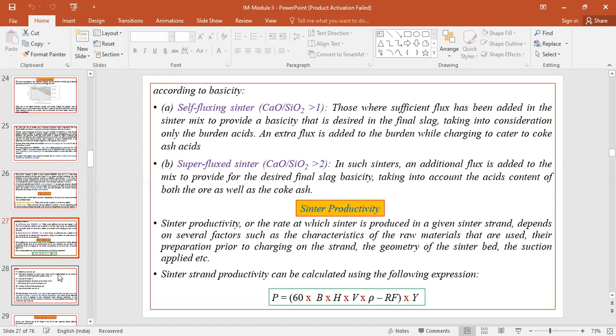And apart from the flux which is going in the form of sinter in the blast furnace, an additional amount of fluxes will be added to take care of the SiO2 which is generated in front of the tuyeres during the combustion of the coke.